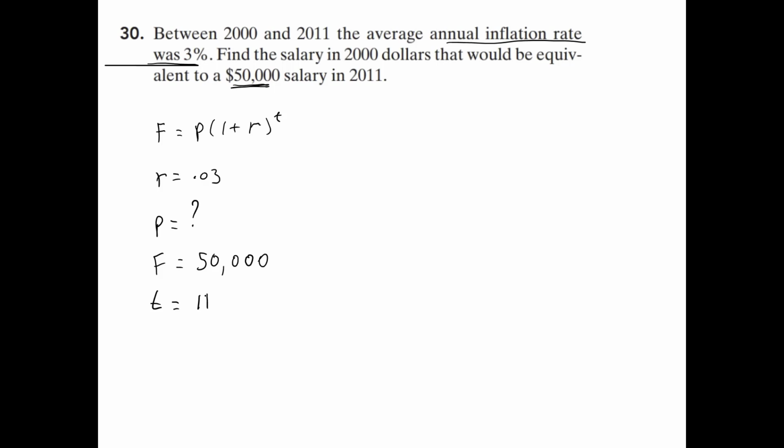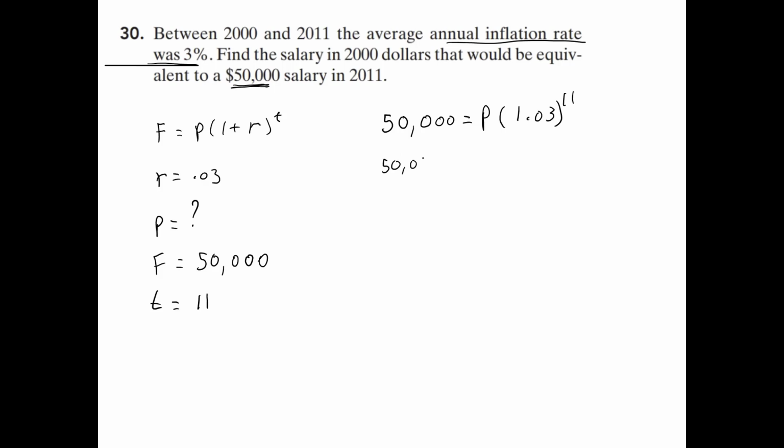And so now we can just substitute that into the formula. Your future value is, you want to compare your salary in 2000 to your salary in 2011, so that's 50,000. And that is equal to your original salary from 2000, which we don't know, times 1.03 to the 11.